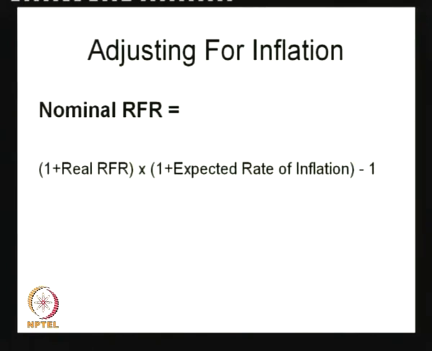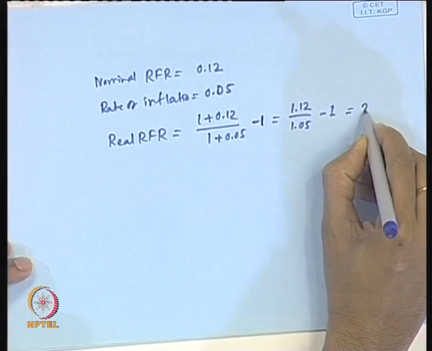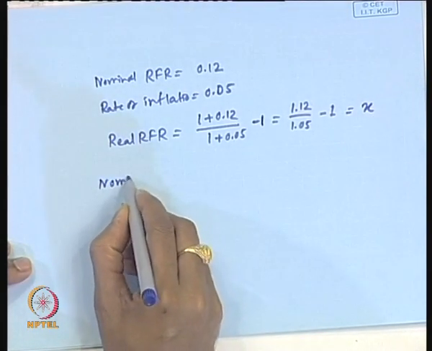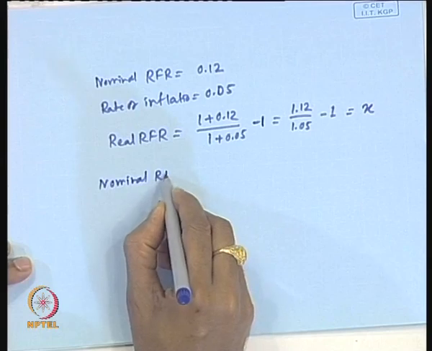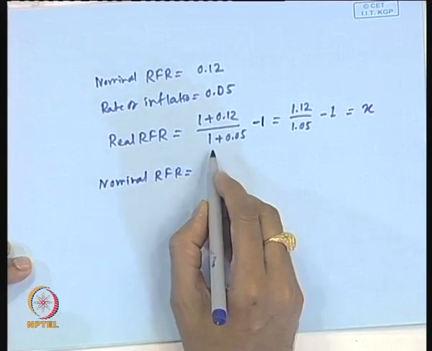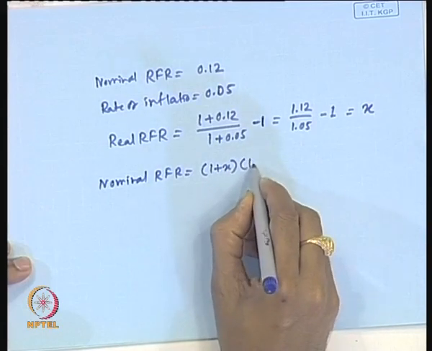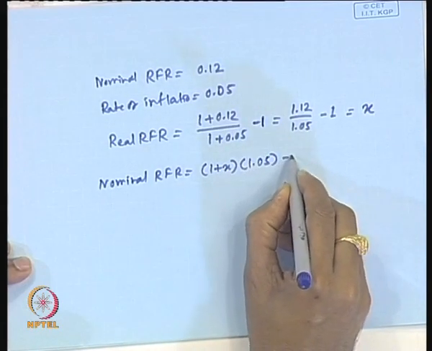If you change the formula, then 1 plus real RFR into 1 plus expected inflation, minus 1, gives this one. Coming back to this point, if you get this as x, we can go to the nominal RFR by applying the formula, that is 1 plus x into 1.05 minus 1.